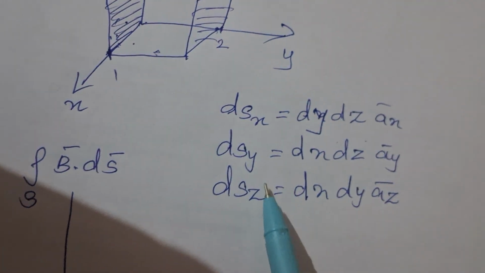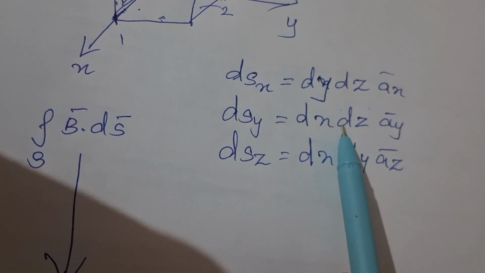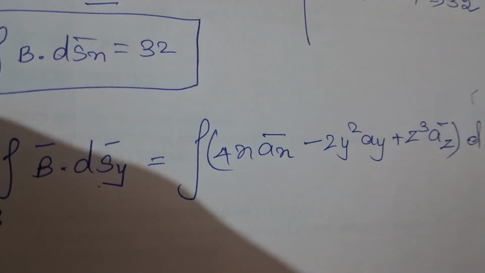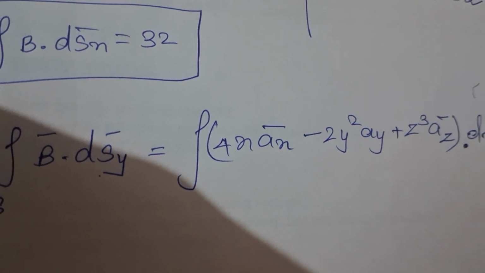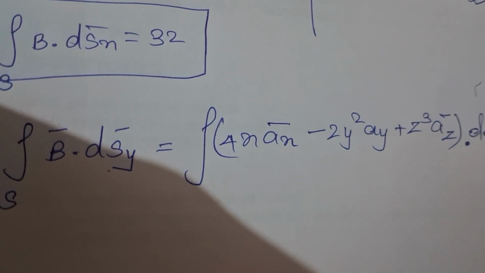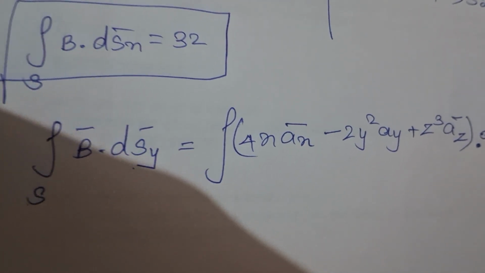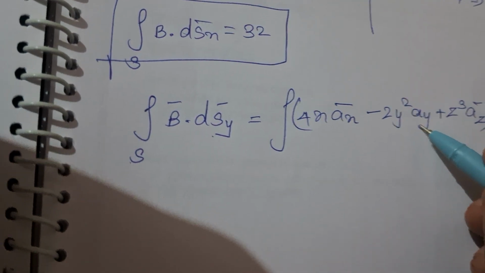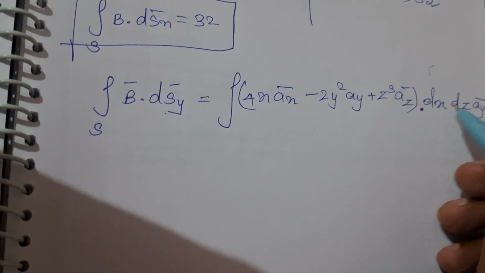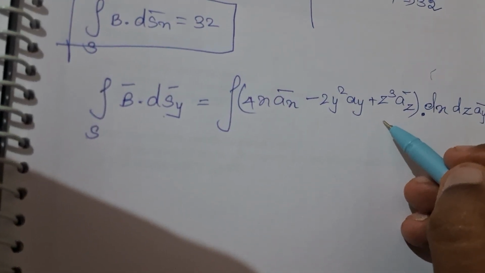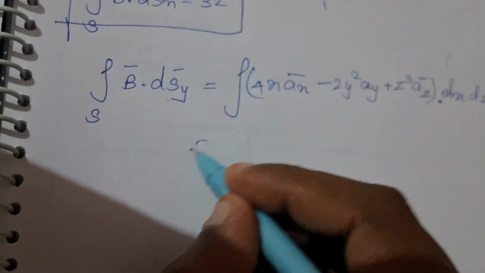What is the formula of dSy? dx dz ay. According to the dot product we get only ay dot ay equal to 1, otherwise all are 0.